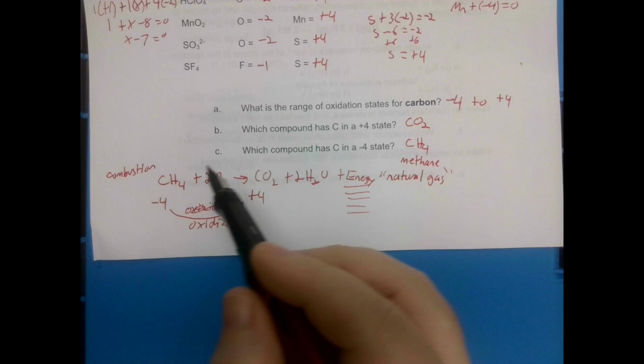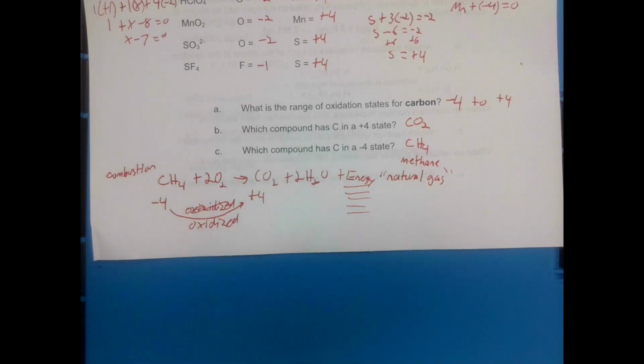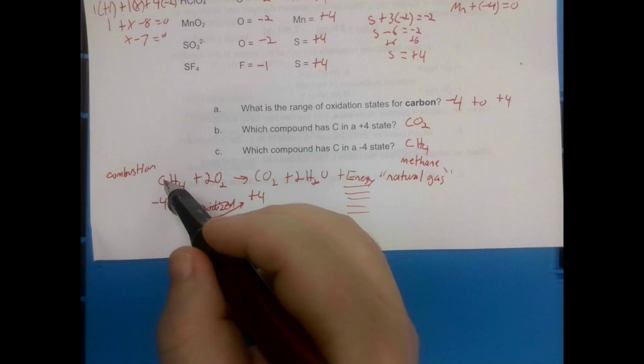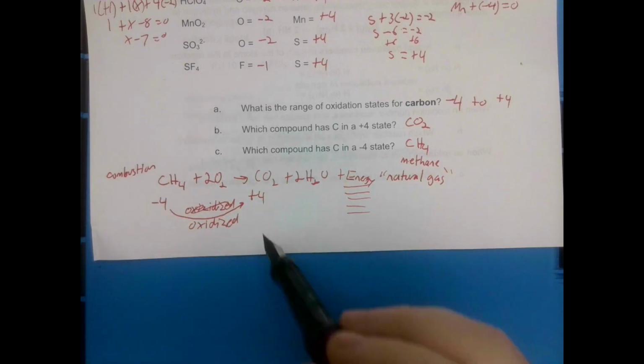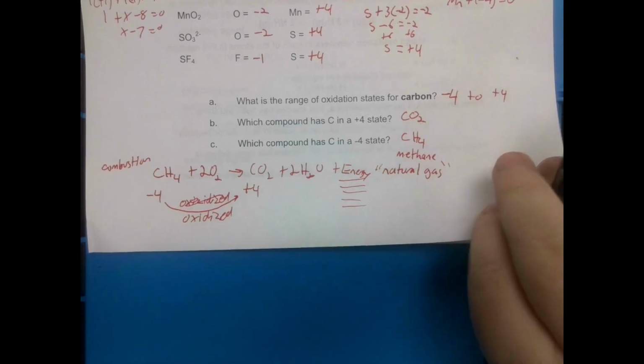This is only one carbon to one carbon being changed. But this is actually the reason why natural gas or methane is used to heat up our house. We're oxidizing the carbon significantly, going from -4 to +4. It releases a ton of energy, enough to actually heat up an entire house.